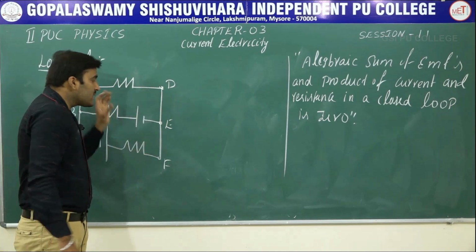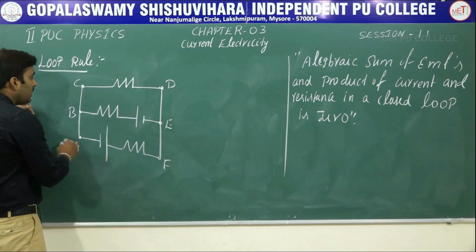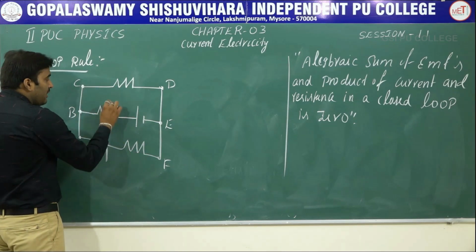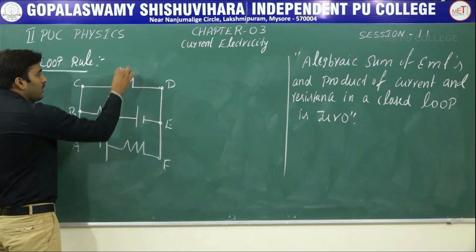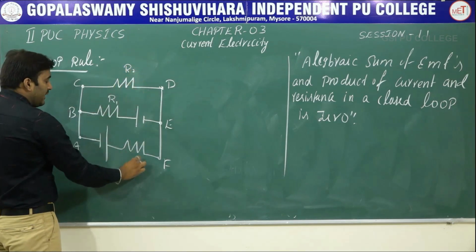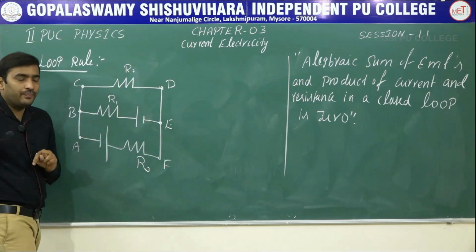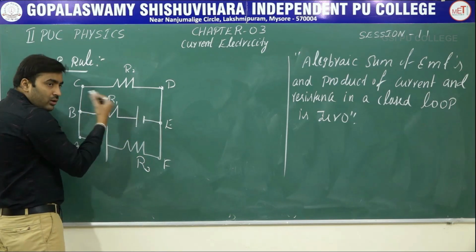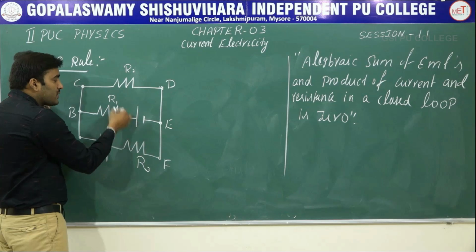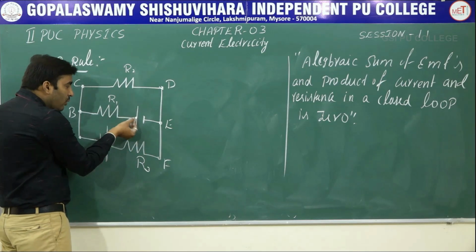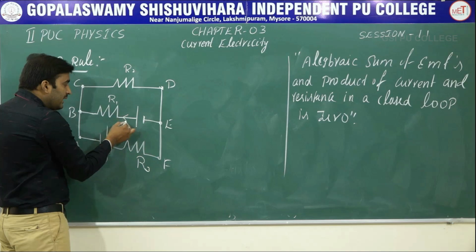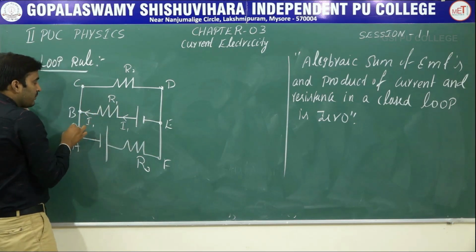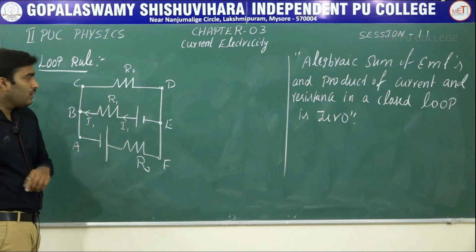Now, in this closed circuit, let us mark the currents. Let us write the resistances first. I will write this resistor as R1, this is R2, and this I will mark as R3. This is a cell. We know that in the outer circuit current flows from positive to negative in a cell. Therefore, if this is the current entering into R1, the same current I1 comes here, entering this junction.